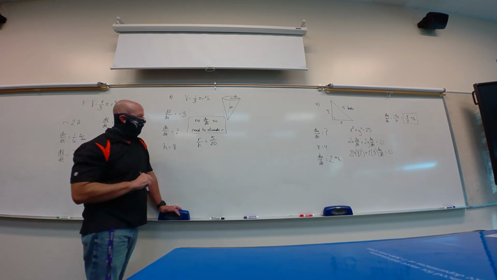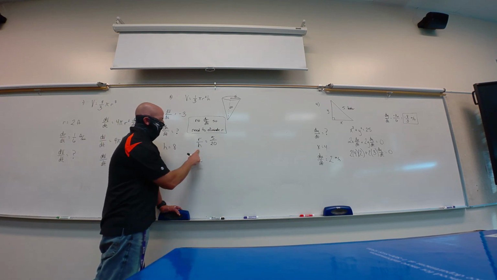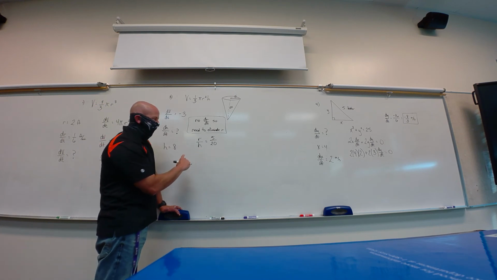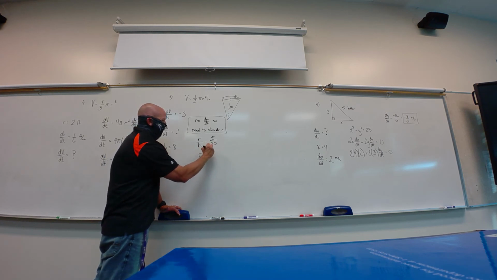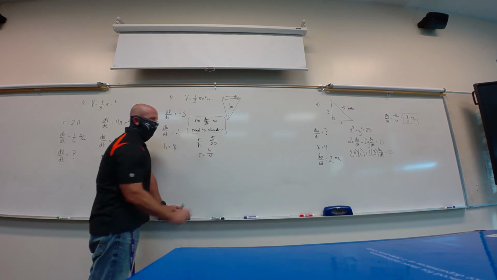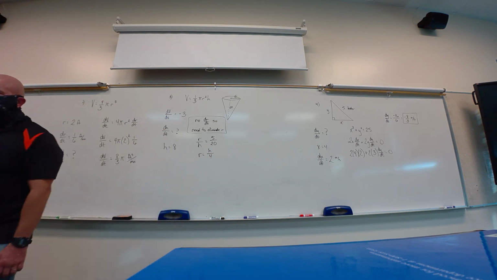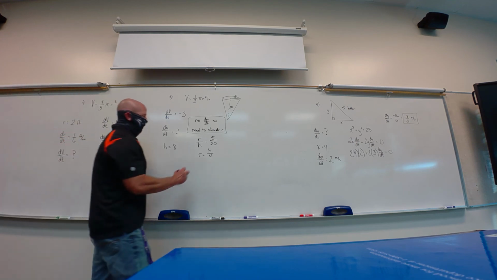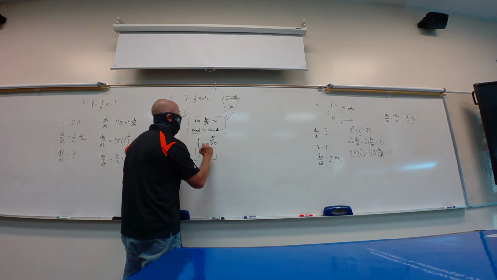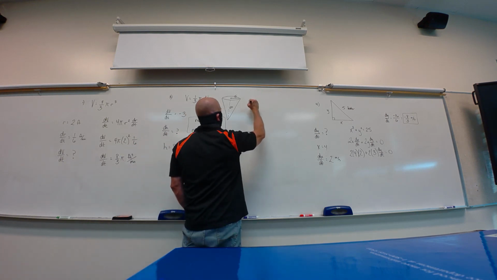All right. So that being said, here I need to solve for R. R would equal H over 4. 5/20 would be 1/4. I can move that H to the other side. There's my R value. So now I'm going to rewrite my formula.